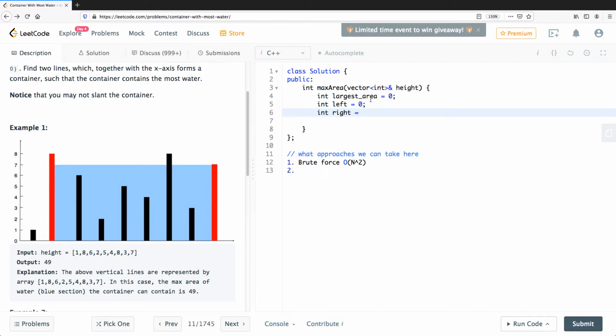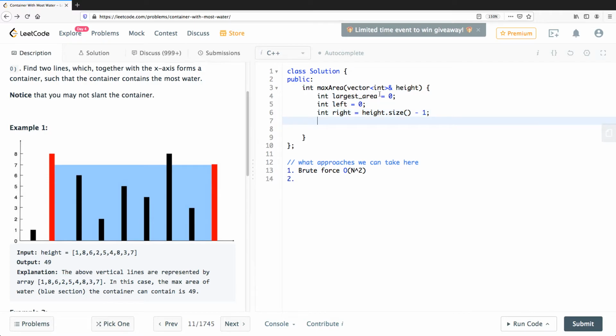But in this case, since we are given STL vectors, it's not too hard either. All we need to know is that vectors have a method known as size that gives us the length of that vector.